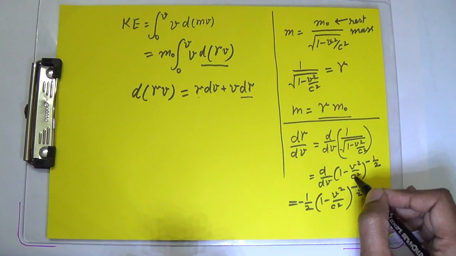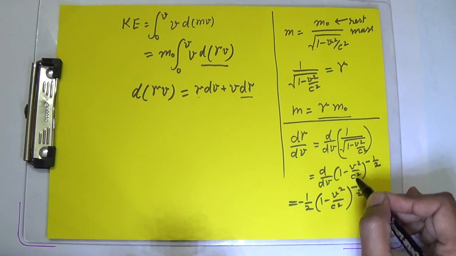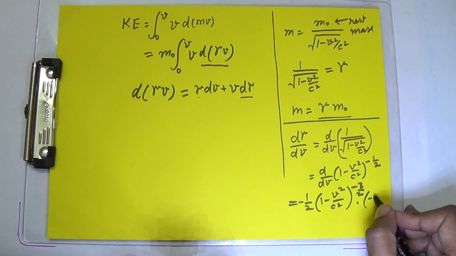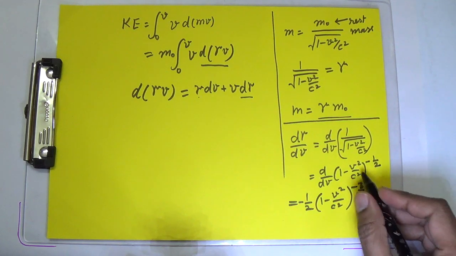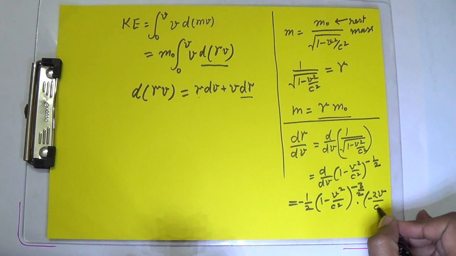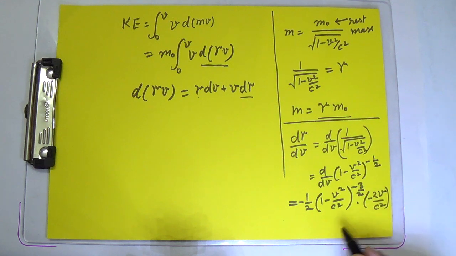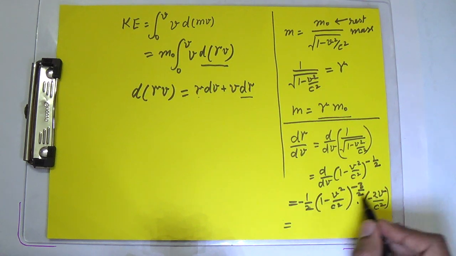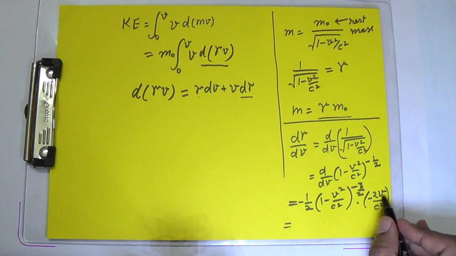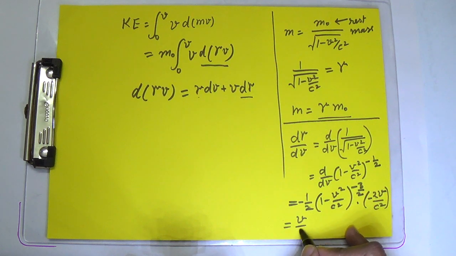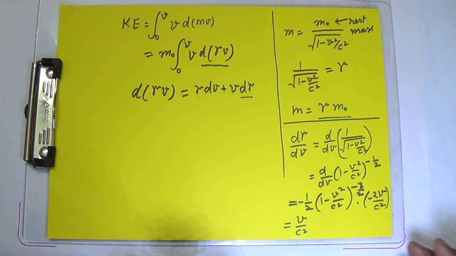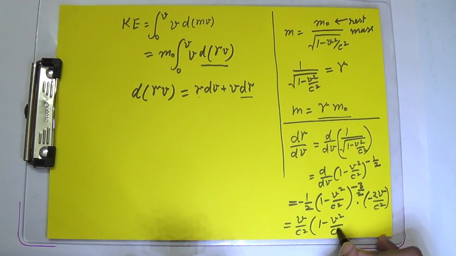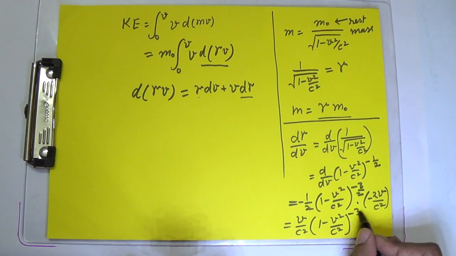And then differentiation of this factor will be minus 2v upon c square. So this minus and that minus make plus, the 2 and 2 cancel out, and we have v upon c square times (1 minus v square upon c square) to the power minus 3 by 2.